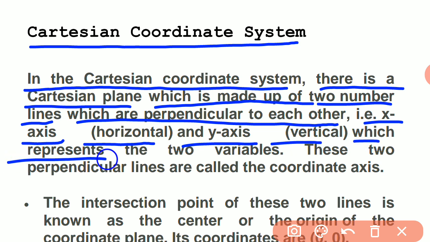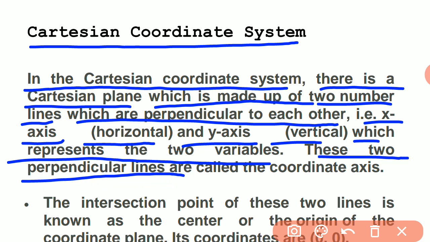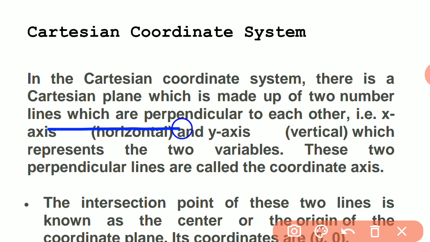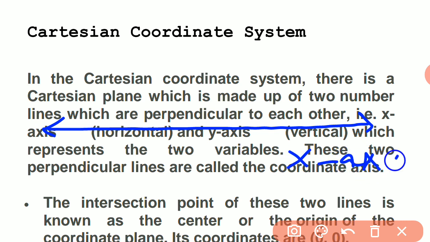They represent two variables, x on the x-axis and y on the y-axis. These two perpendicular lines are called the coordinate axes. The horizontal line is known as the x-axis and the vertical line is known as the y-axis.